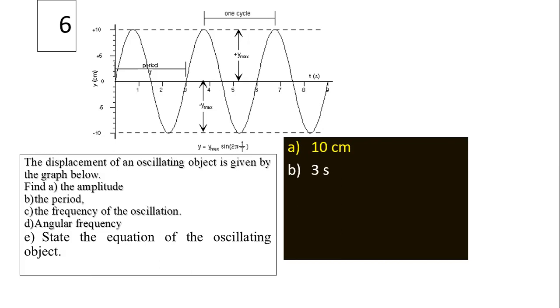Okay, what's the frequency? Frequency, 0.33. Okay, just 1 over 3. Angular frequency, oh, 2 pi. What's the answer? 2 pi. I said 2 pi.